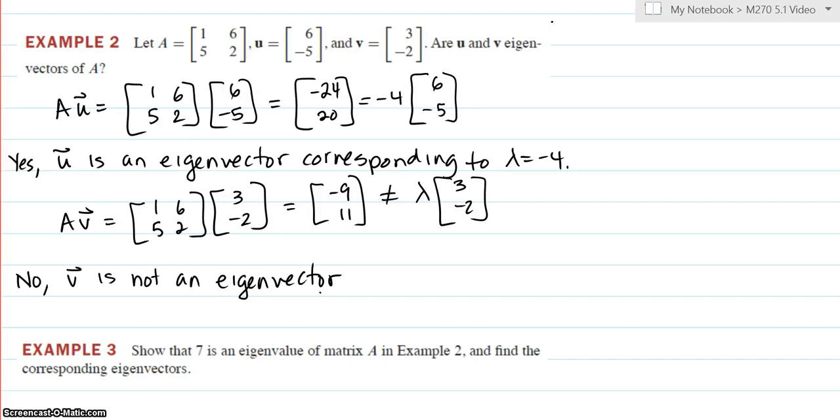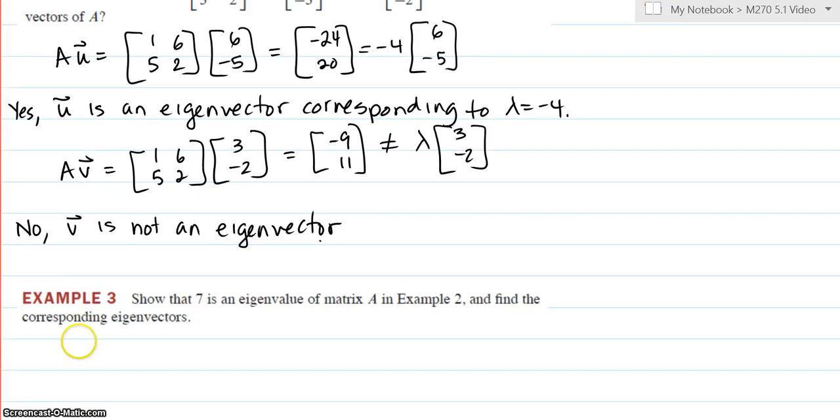Example 3 asks a different type of question. It goes backwards. It gives you that 7 is an eigenvalue for the matrix in example 2, but now I want you to find the eigenvector. So what are we going to do here?